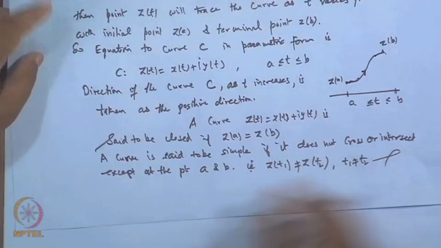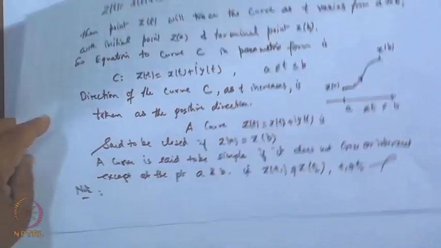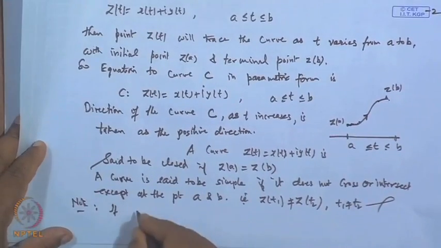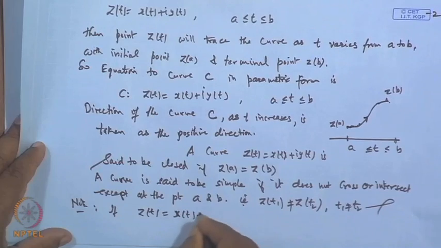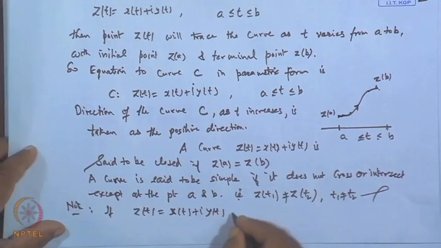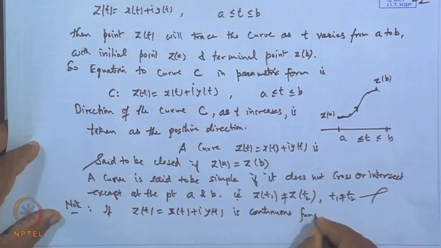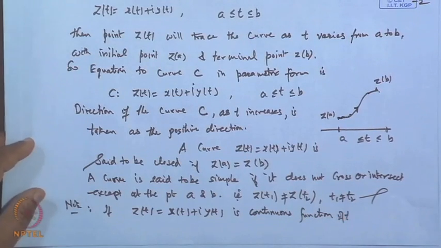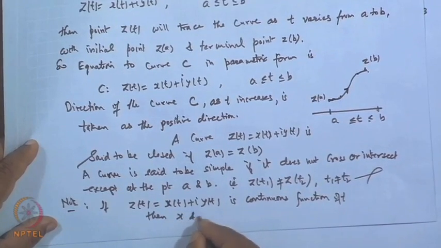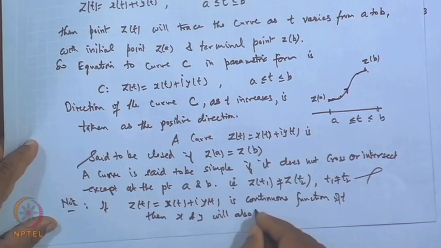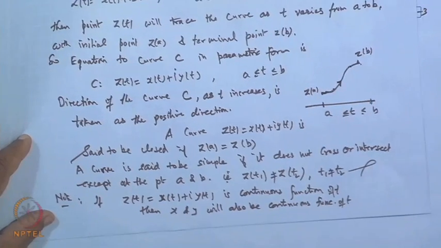So, if Z(t), which is x(t) plus i y(t), is a continuous function of t, then its real and imaginary parts, x(t) and y(t), will also be continuous functions of t, and vice versa.